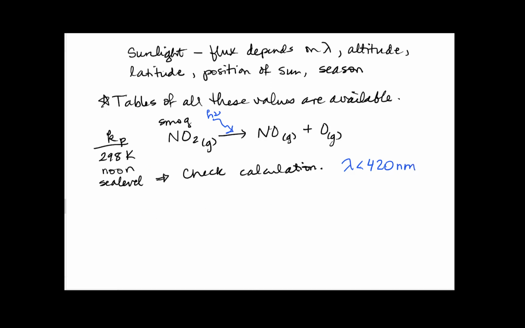So we don't need to look at any of its visible wavelengths, because those aren't going to be responsible for this reaction. We're just looking below 420 nanometers, and the table stops at 300 nanometers, because wavelengths less than 300 nanometers are not present at ground level much.